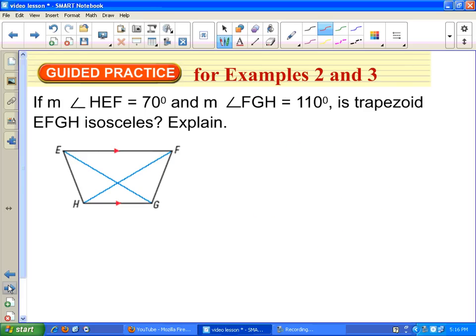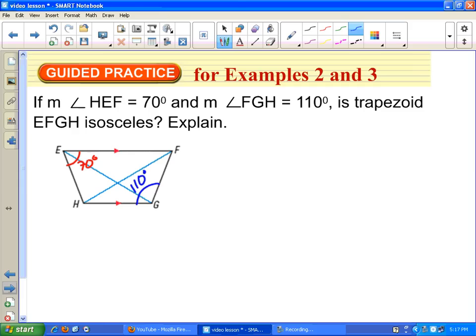Then our next one, the measure of angle HEF. So this angle up here, that's 70 degrees. The measure of FGH, that's down here. This is 110 degrees. We want to know, is this trapezoid EFGH an isosceles trapezoid?